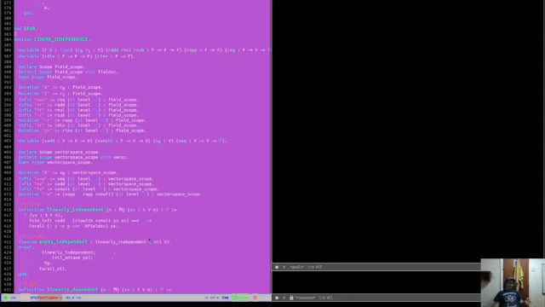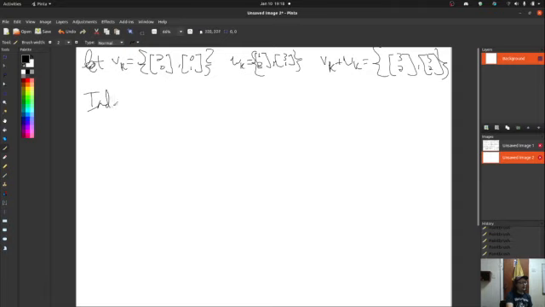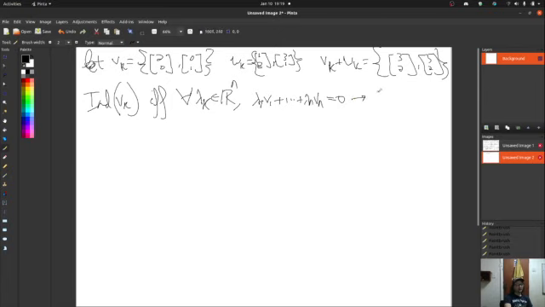For every list of scalars, in VK, if for every list of scalars, the only way for lambda 1 v1 plus dot dot dot plus lambda n vn to equal 0 is if lambda 1 equals dot dot dot equals lambda n equals 0.